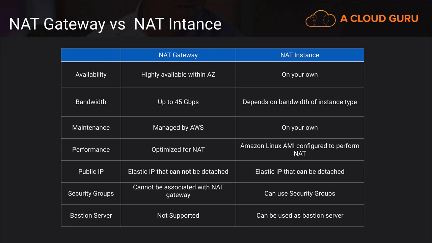With an instance, you have flexibility where you can detach and attach other Elastic IPs. You can't associate a security group with a NAT gateway, but you can with a NAT instance. And you can also use a NAT instance as a bastion server if you'd like, because it really is just a little Linux system. Overall, AWS recommends using a NAT gateway over a NAT instance because it's scalable, it's highly available, and it's fully managed.